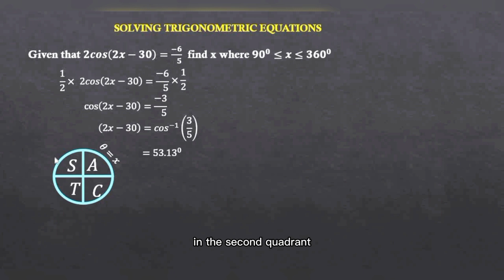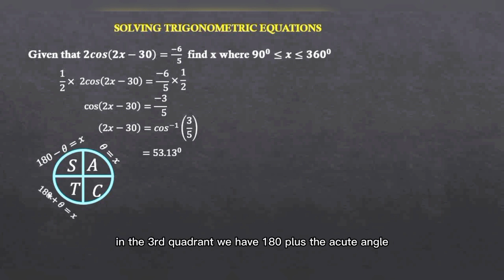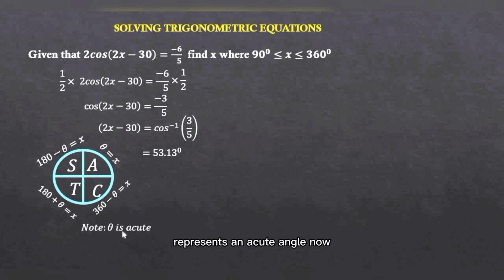In the second quadrant, x is obtained as 180 minus the acute angle. In the third quadrant, we have 180 plus the acute angle. And in the fourth quadrant, we have 360 minus the acute angle. Once again, theta for this case represents an acute angle.